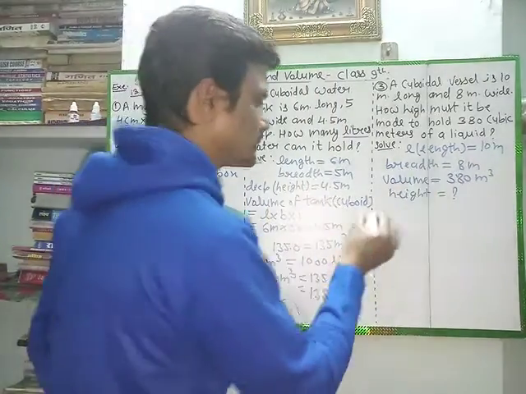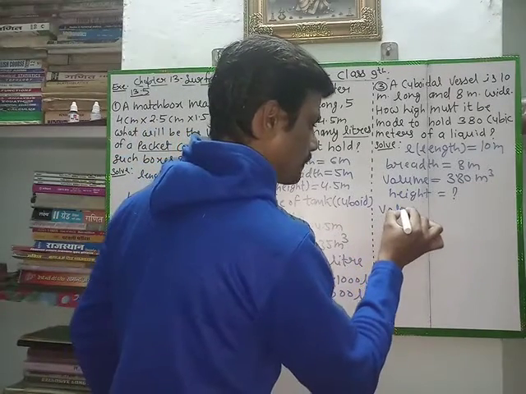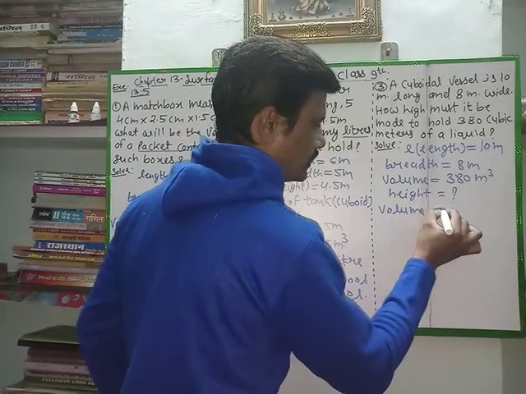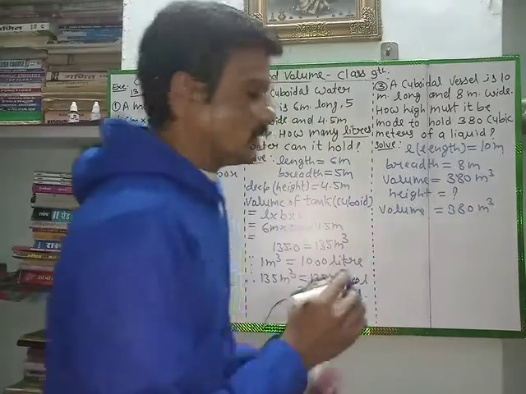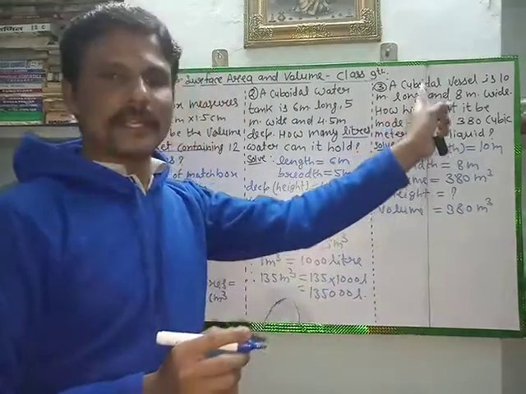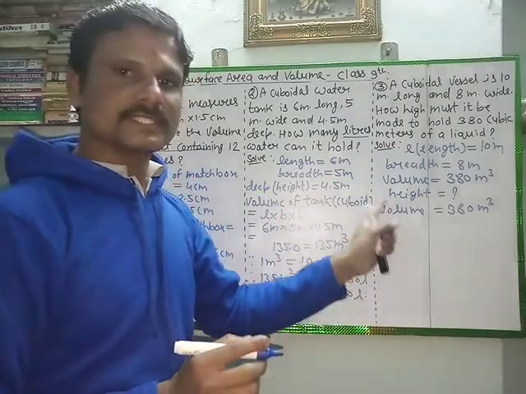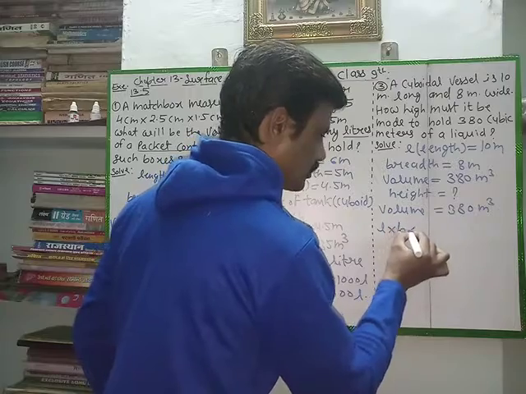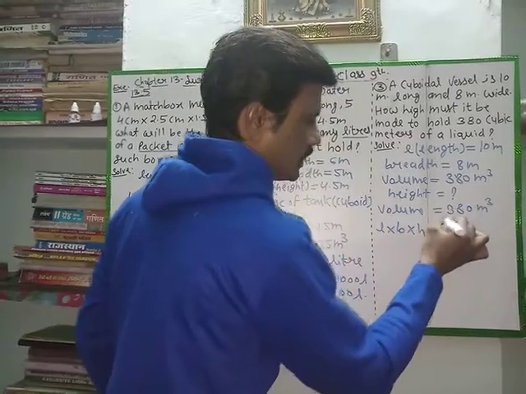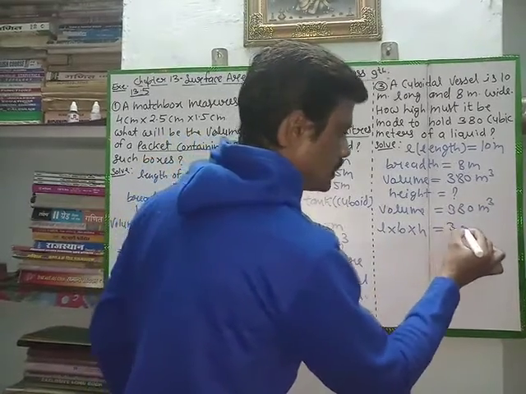So volume is given here, volume is equal to 380 meter cube. The formula of volume of cuboid is L cross B cross H. So put L cross B cross H, and this should be equal to 380.